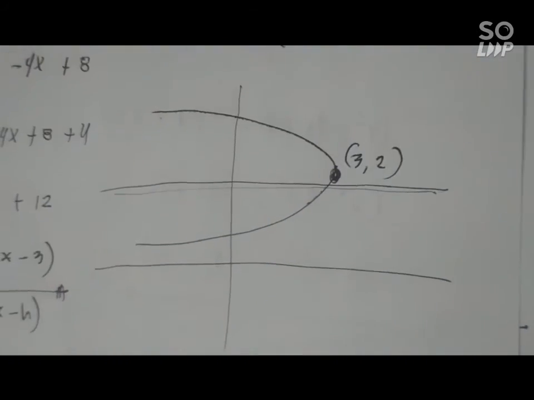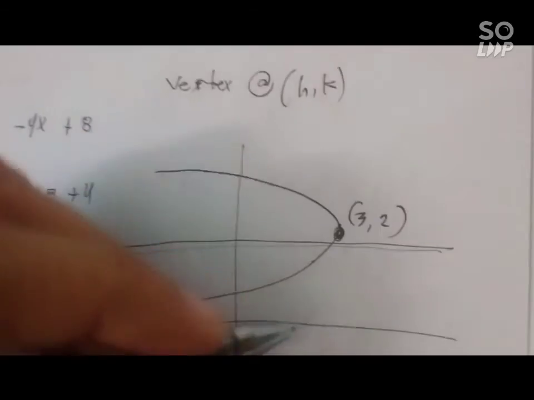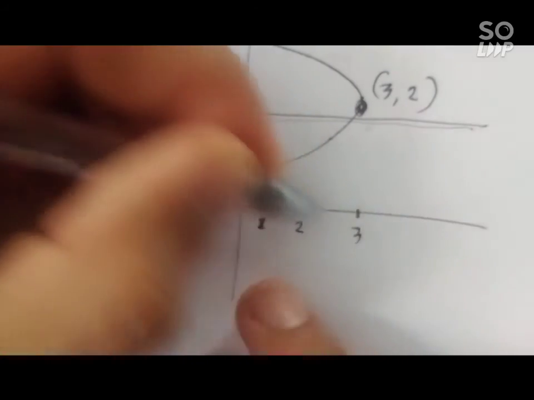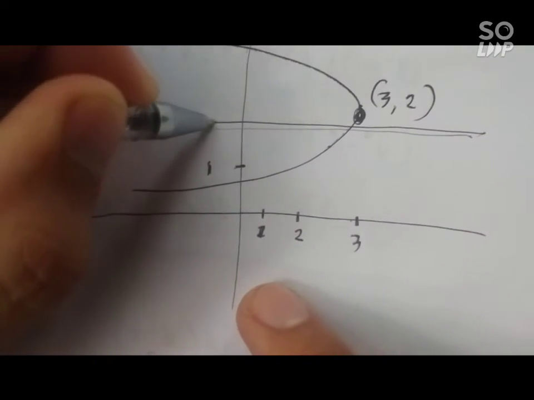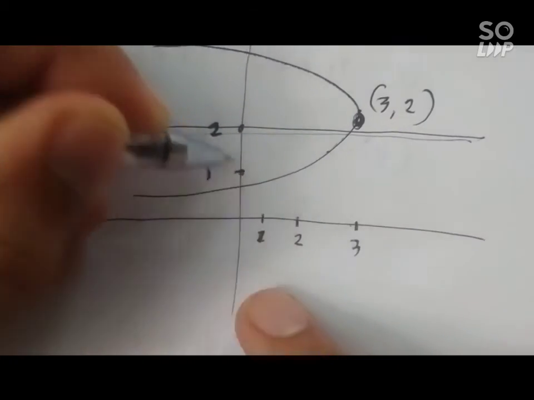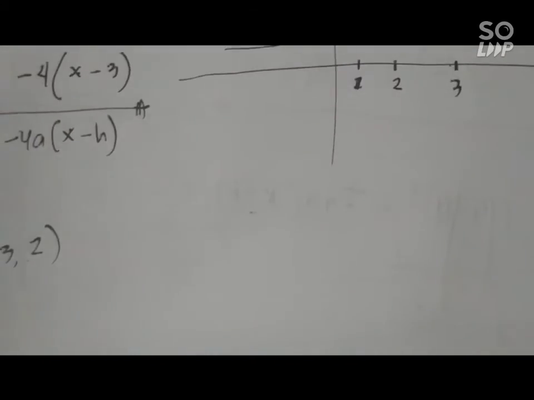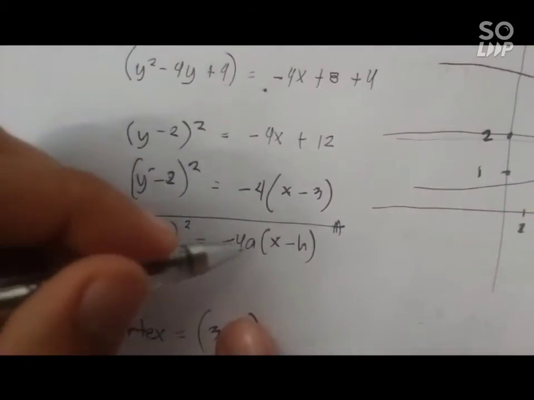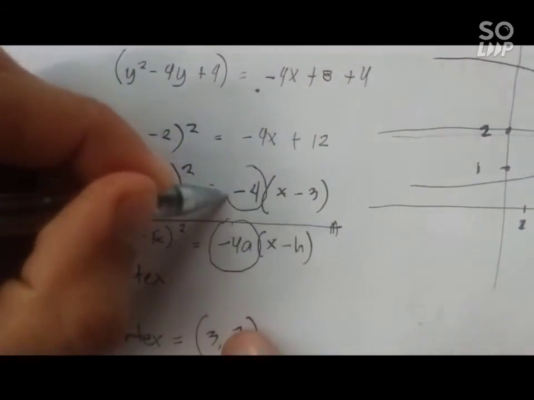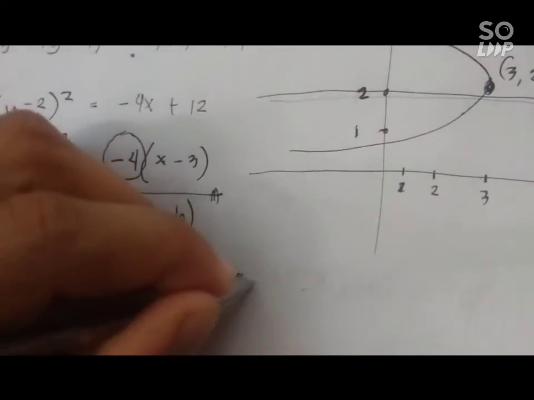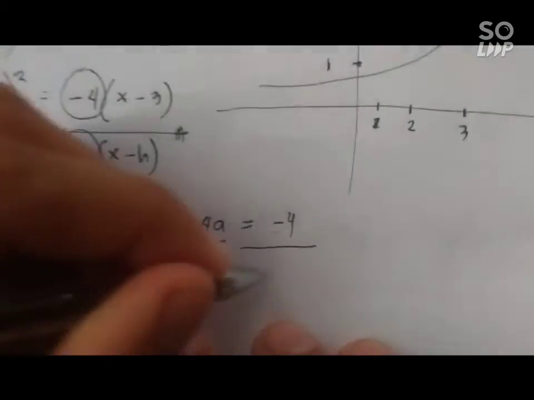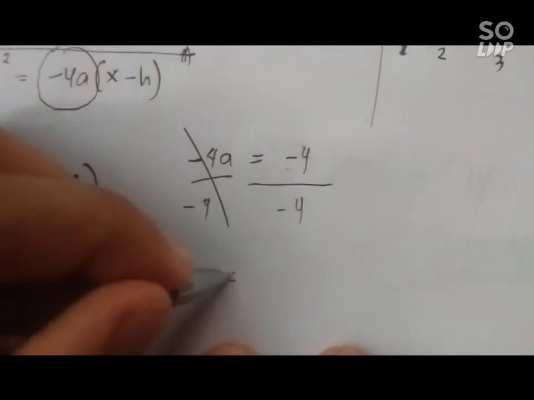Now what we are looking for is the focus. Negative 4a equals negative 4, so a is 1.